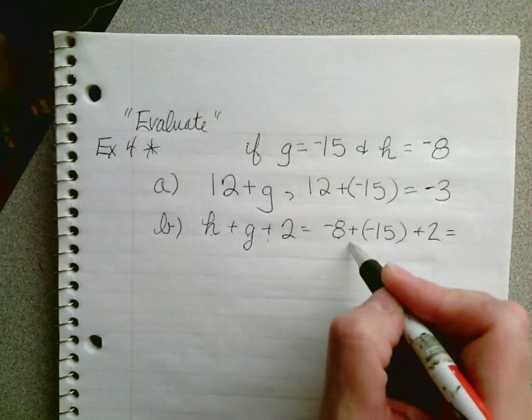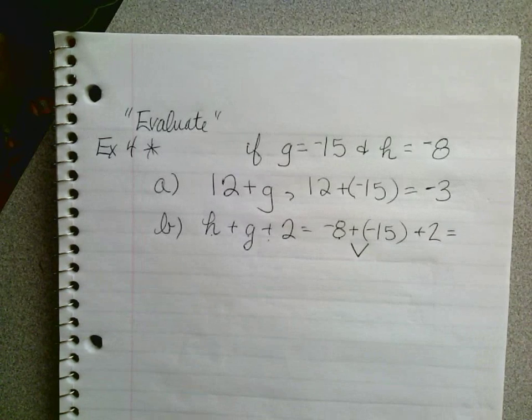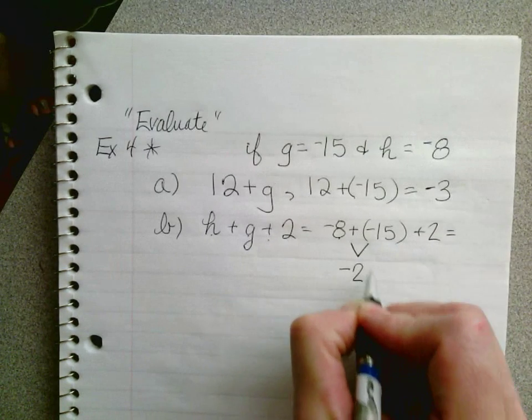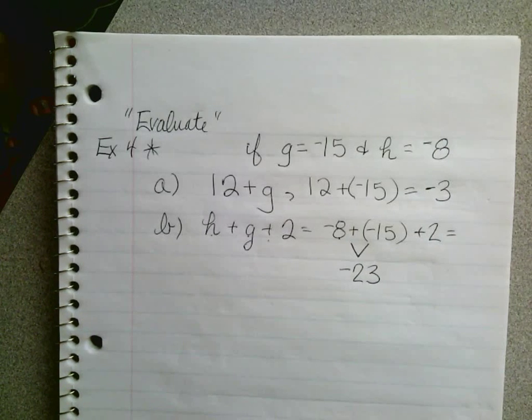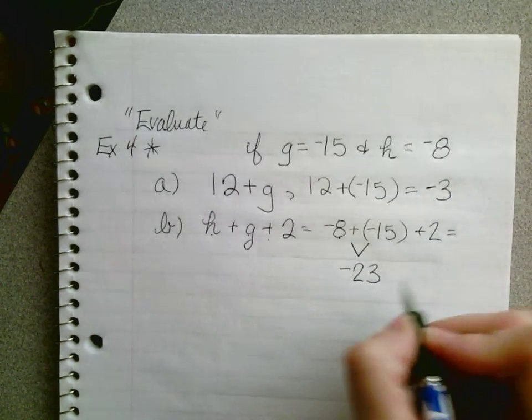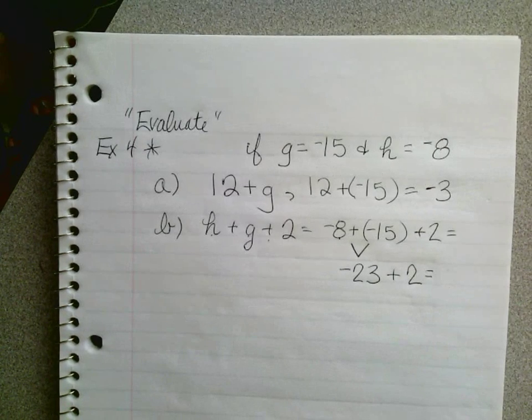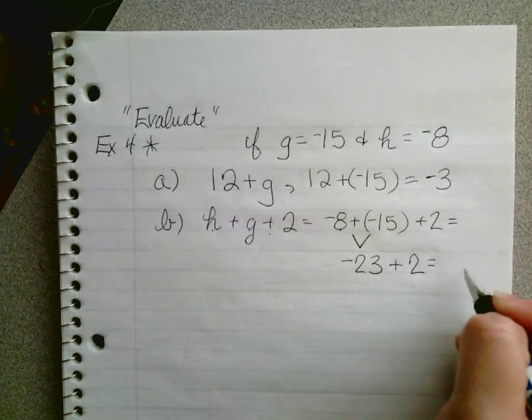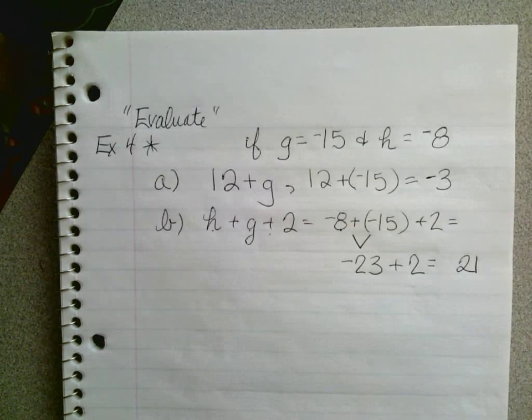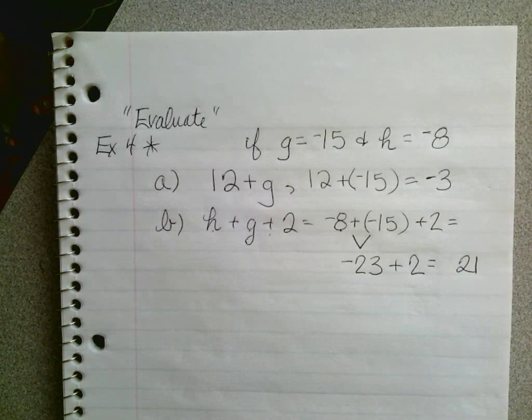I like to combine my negatives first. And it looks like I have a negative 23, right? Same sign, combine them and keep the sign. So far, so good? To which I'm going to add a positive 2. Stay with me, we're almost done. Find the difference. Difference between 23 and 2 is what, 21? Which one has a larger absolute value, 23 or 2? So the sign is negative.